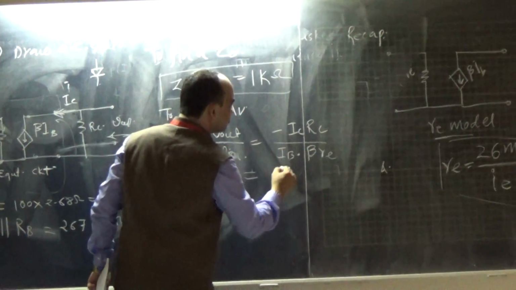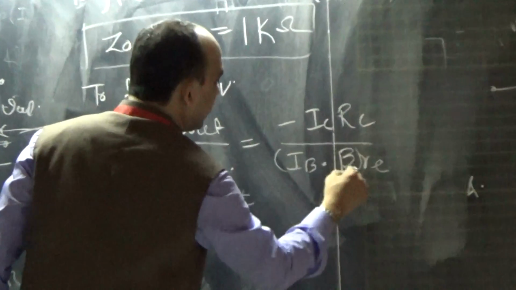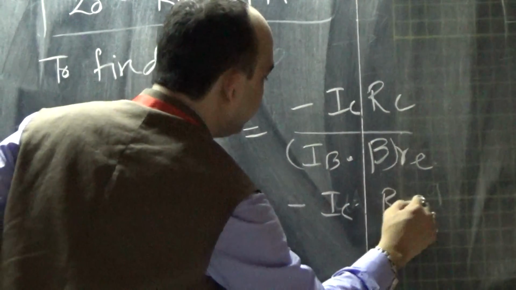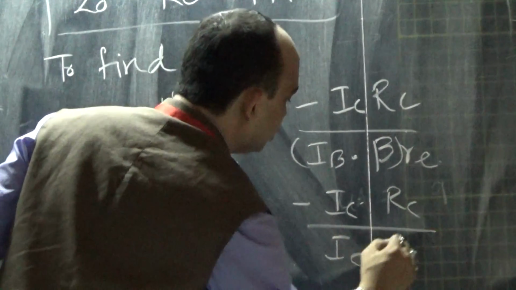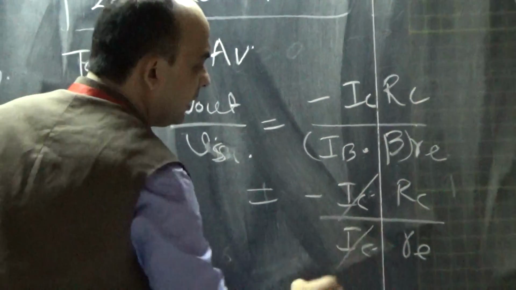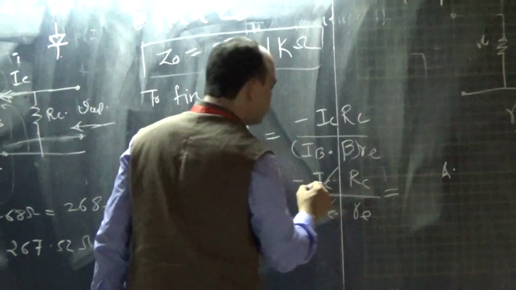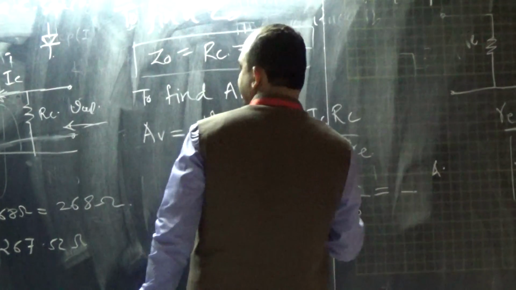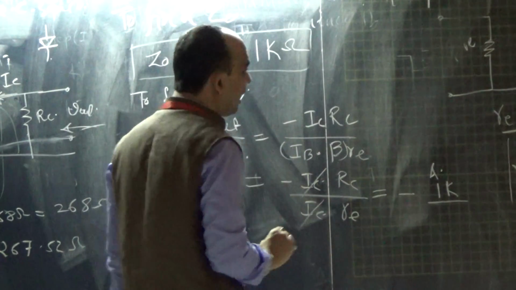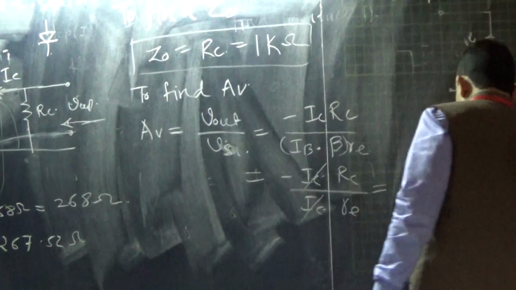But beta IB is what? IC. So minus IC into RC divided by IC into RE. What will get cancelled? IC will get cancelled. The ratio comes out to be minus RC, which is 1K, divided by small RE, which we have found out to be 2.68 ohms. Correct?